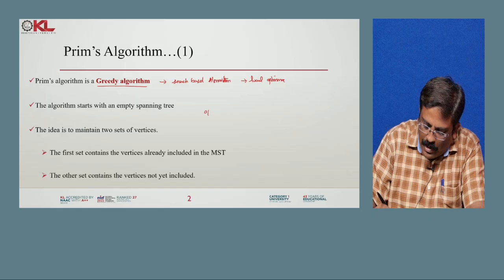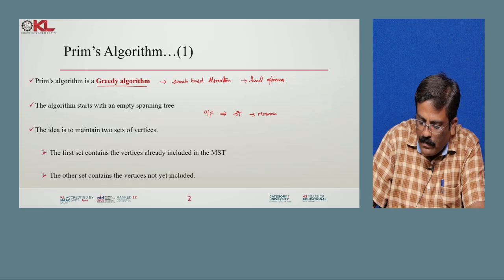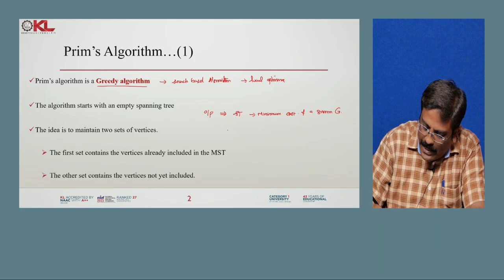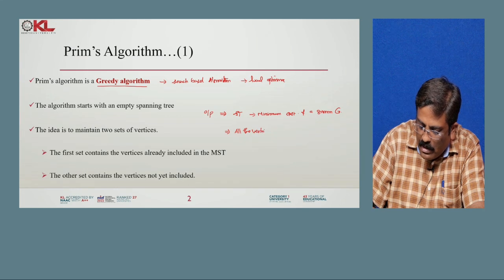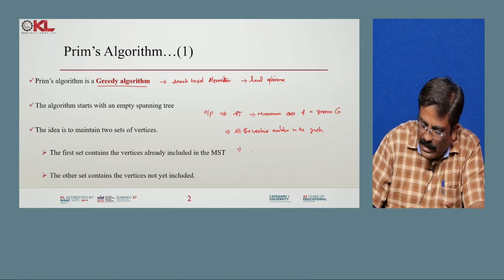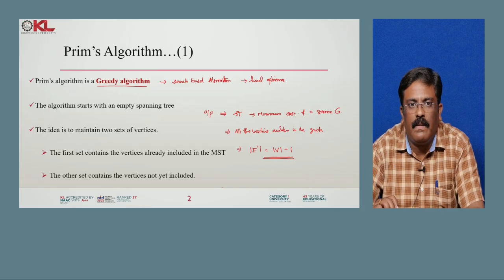The main output of Prim's algorithm is forming a spanning tree ST with a minimum cost for a given graph G. At the same time, we must make sure that we visit all the vertices available in the graph, and that E' equals V minus 1, which is the number of edges that must be present in the spanning tree.